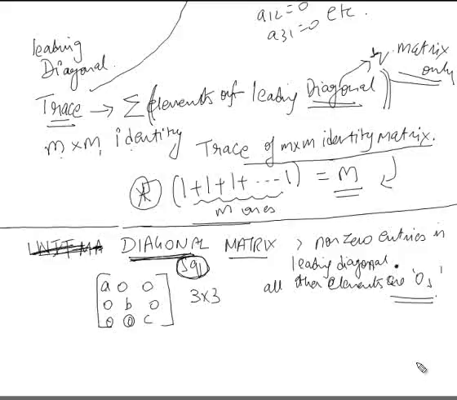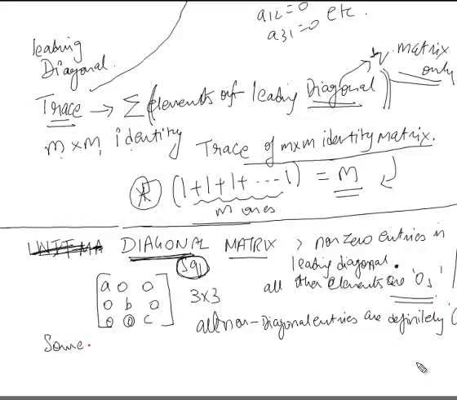So now what is meant by a diagonal matrix? All non-diagonal entries are definitely zeros. Correct?